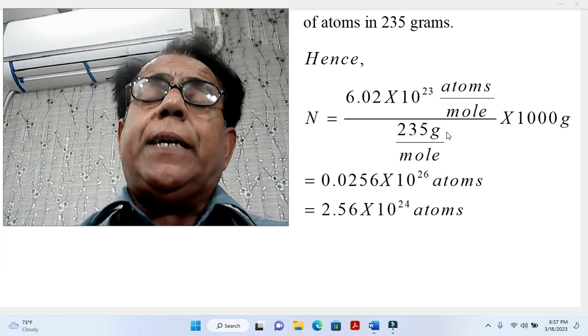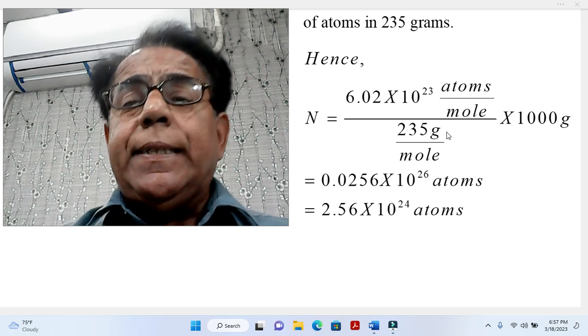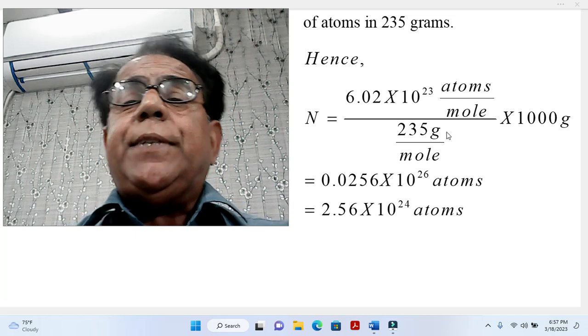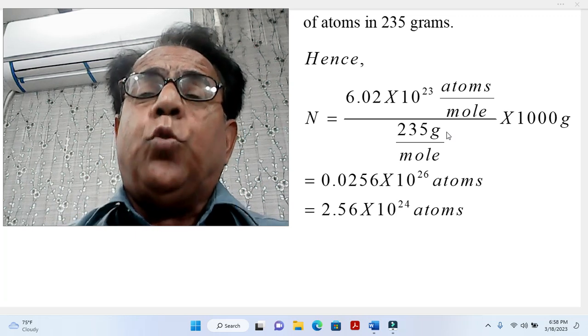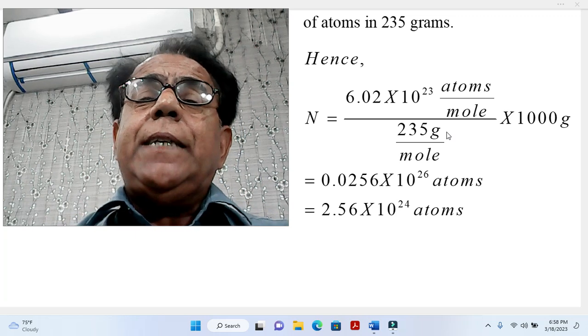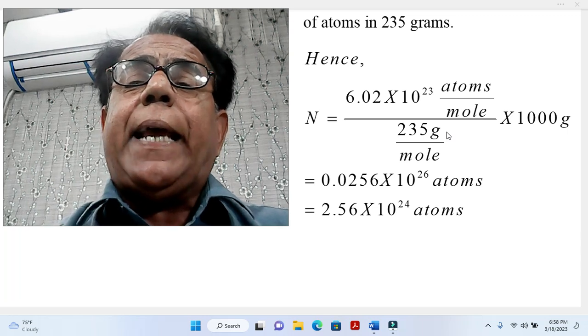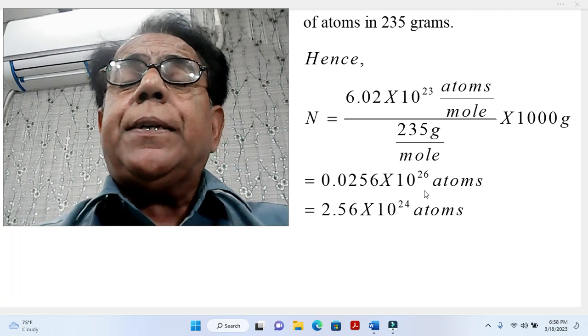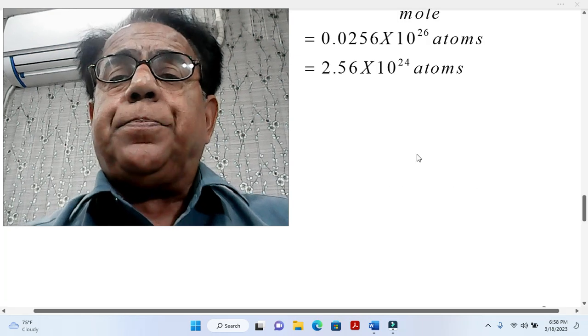That is why here we have converted 10 raised to the power 26 into 10 raised to the power 24. That is why 0.0256 has been converted into 2.56.